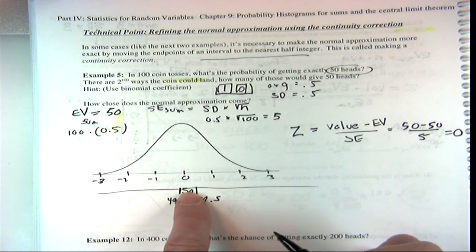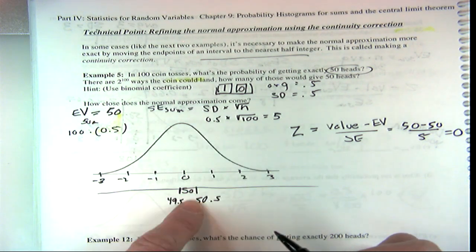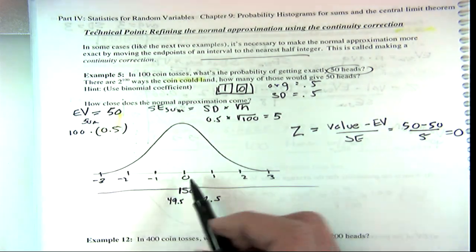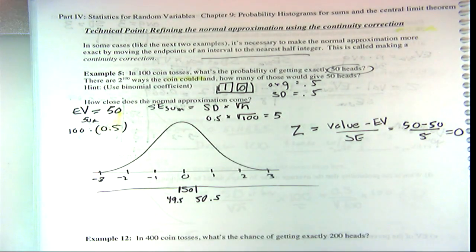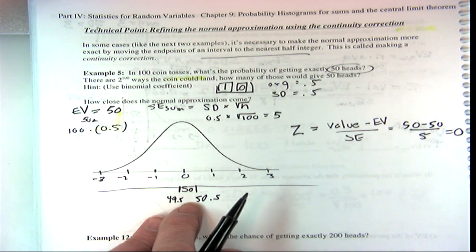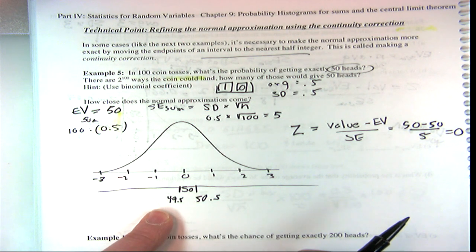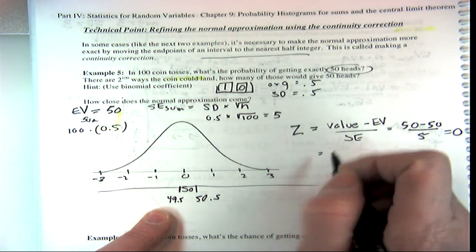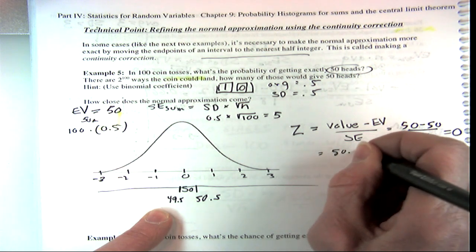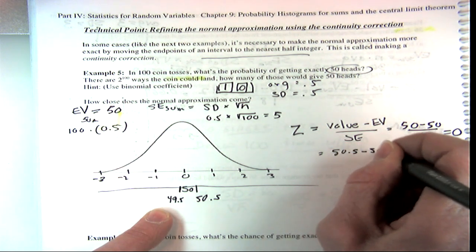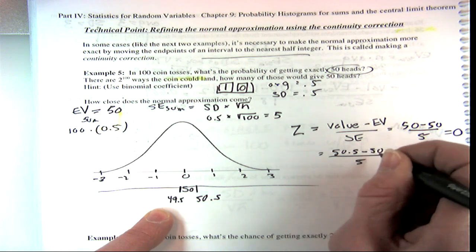Now you have a width of 1, okay? So basically we're trying to find the height of the curve right there at the top. We have a width of 1. So let's see how this works out. Then our value is 50.5 minus 50 over 5, right?